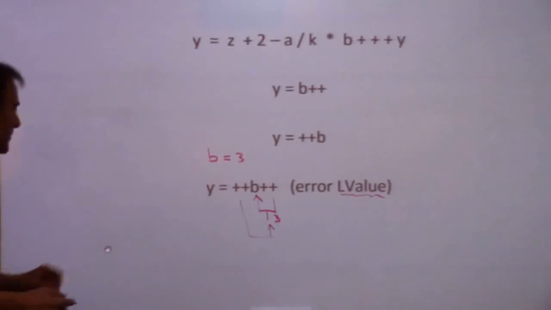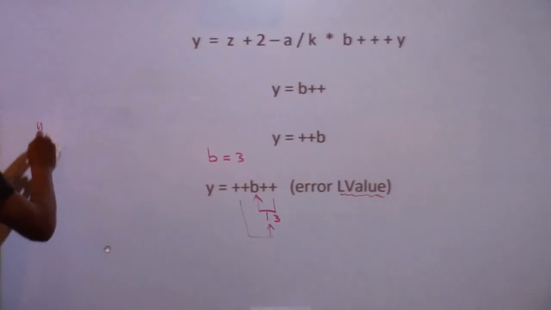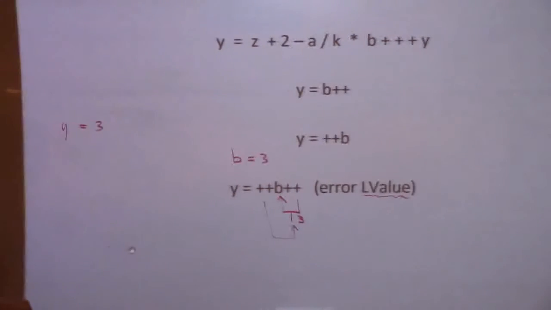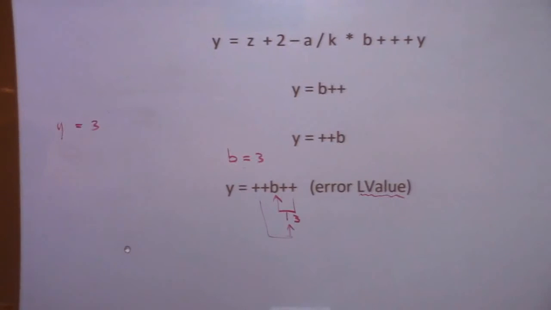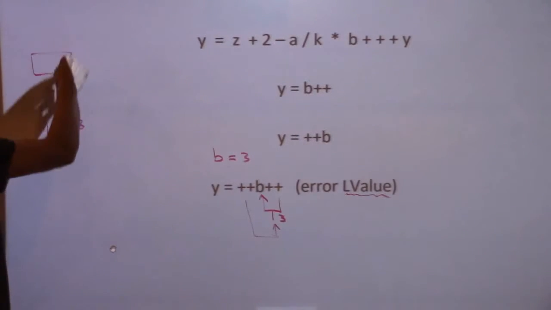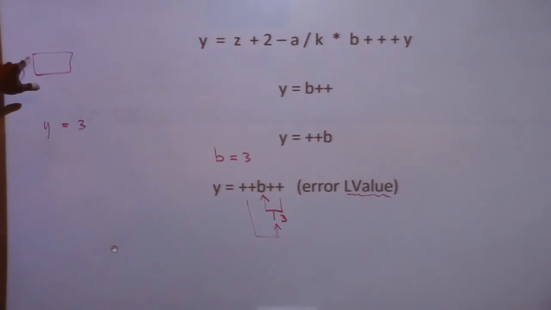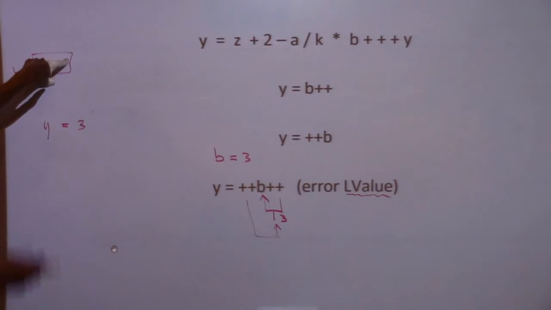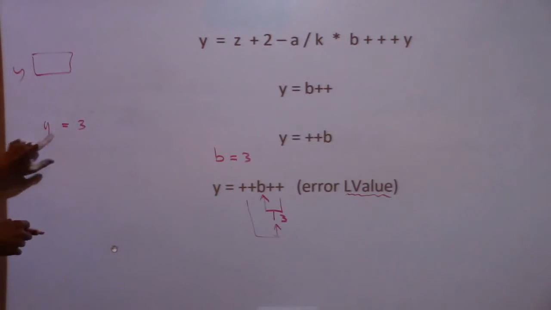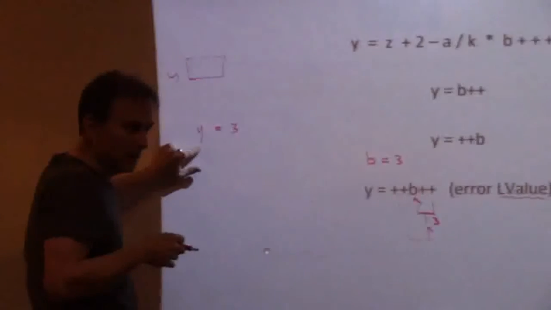Very simple. When you have y is equal to 3, what are you really doing? You're assigning 3 to the address of y. You're putting a 3 into the address of y.